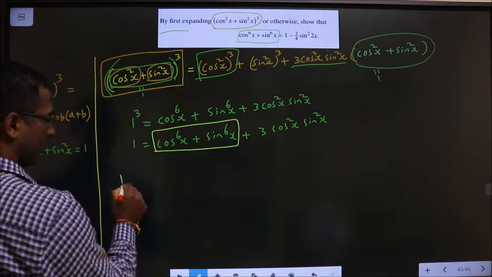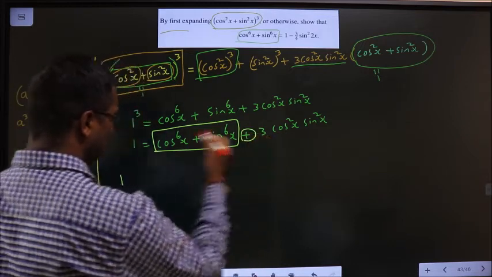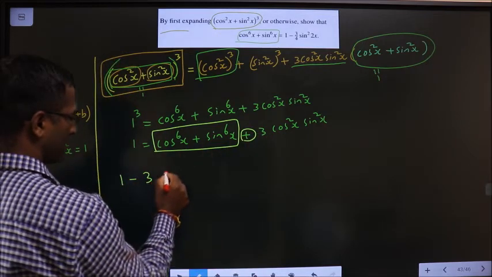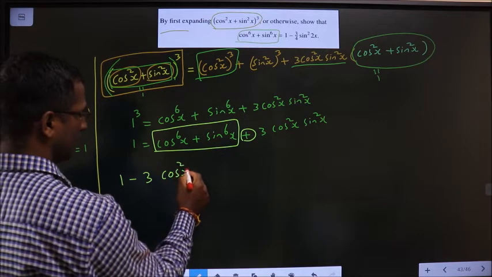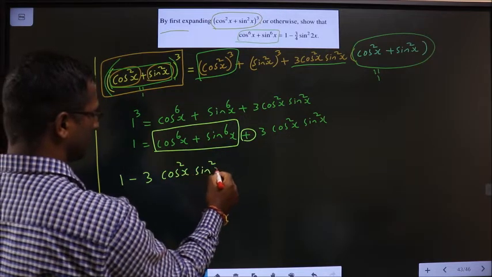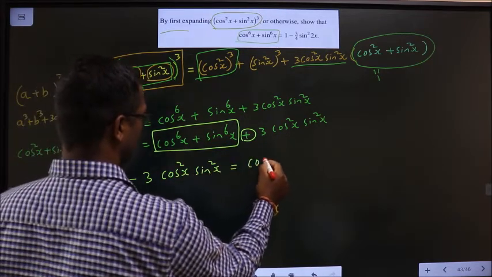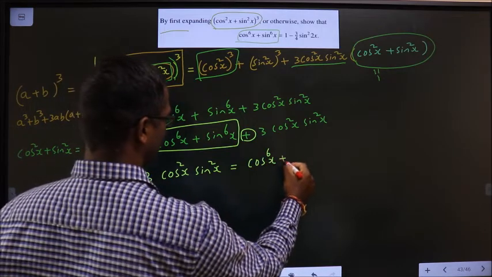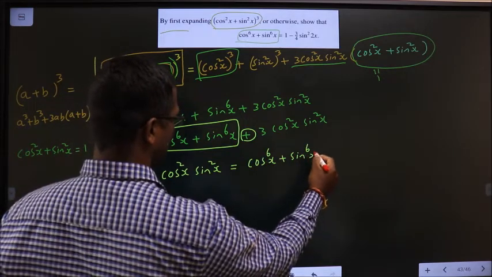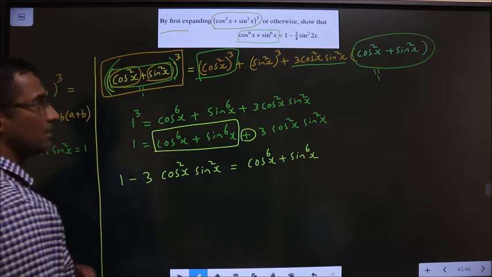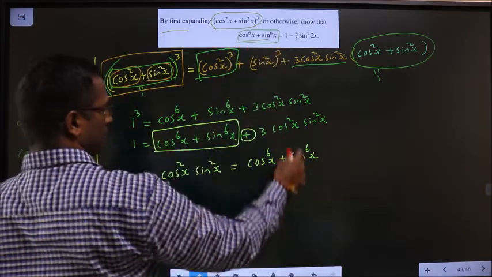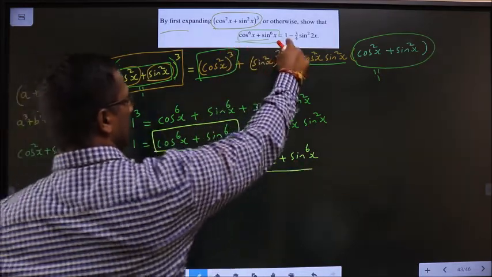Thus 1 minus 3 cos²x sin²x is equal to cos⁶x + sin⁶x. Clear? So we got this is equal to 1.